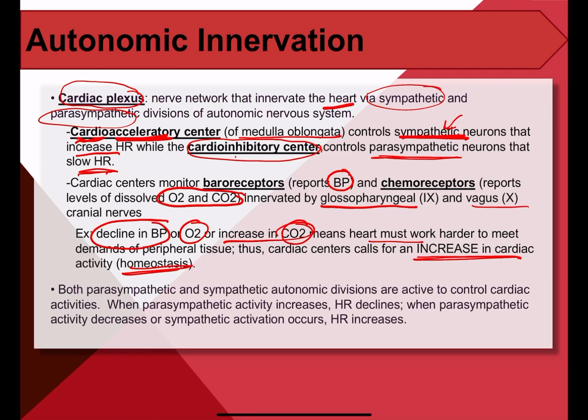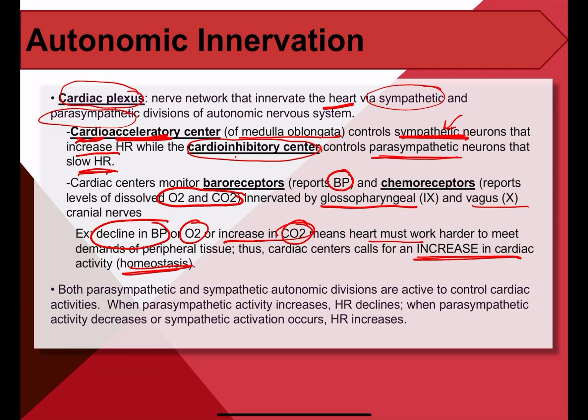So both parasympathetic and sympathetic autonomic divisions are actively controlling your cardiac activities, which is what I was talking about last semester with dual innervation of the system. It's not just sympathetic or just parasympathetic.